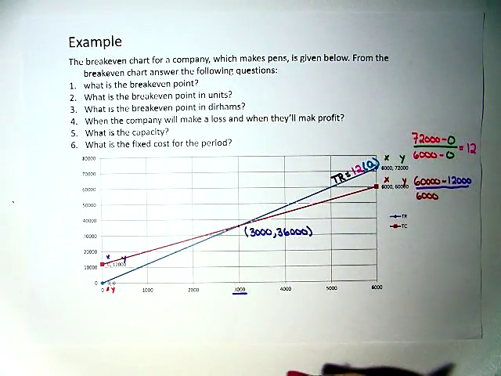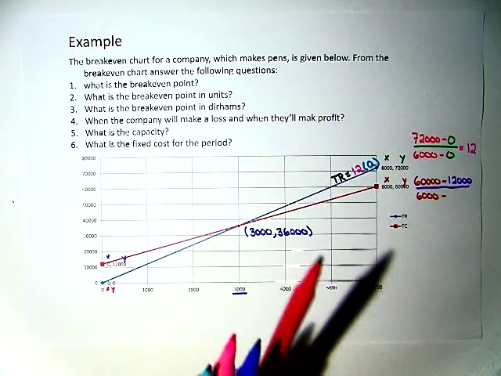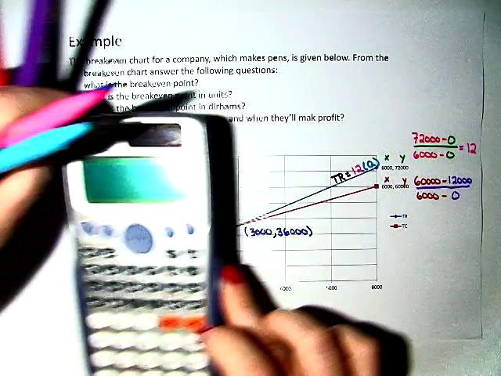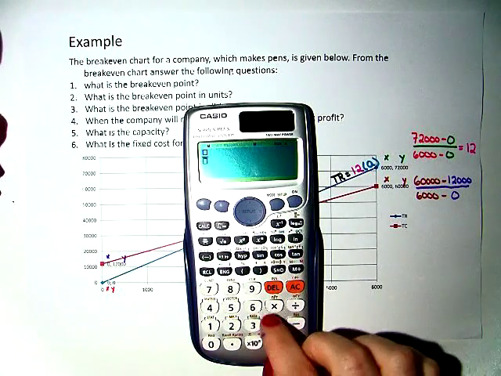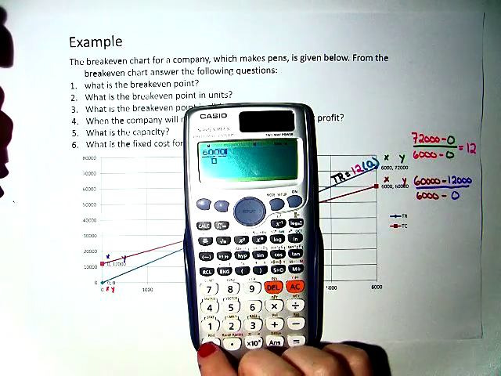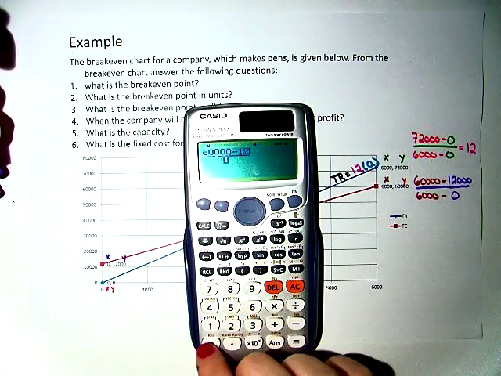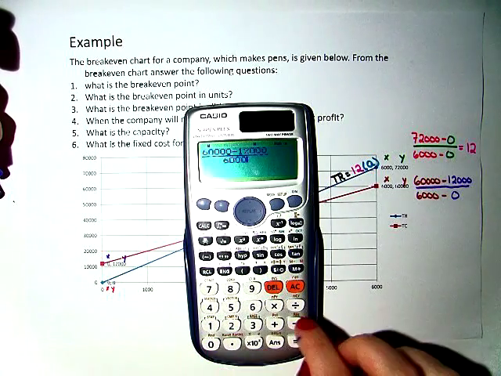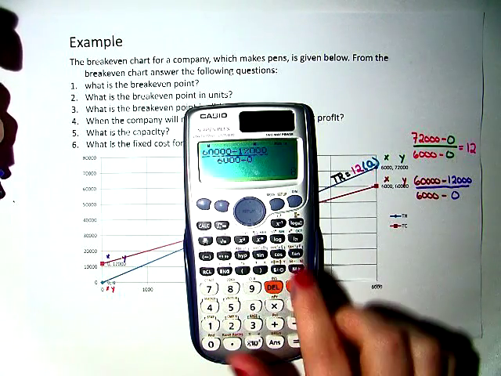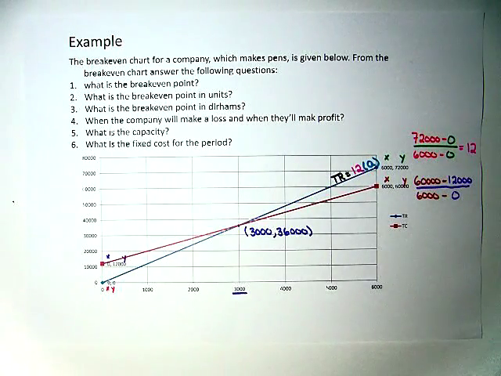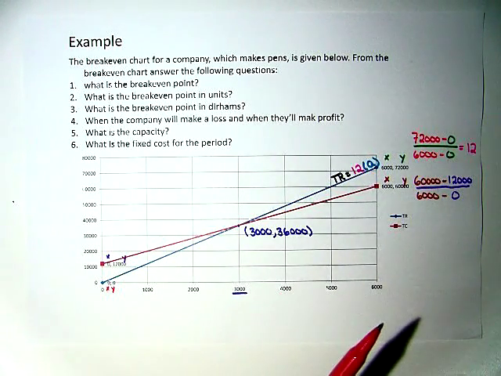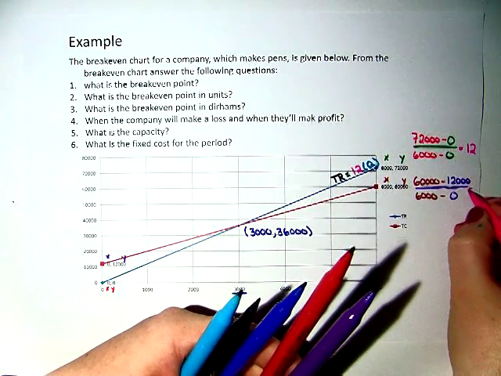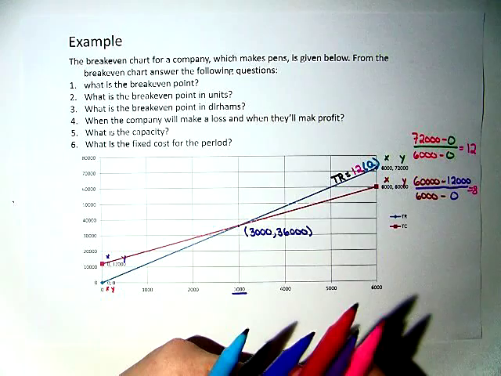Now we've got to be careful not to mess that up, minus 0. Okay, so we get our calculator over here, and we do 60,000 minus 12,000 divided by 6,000 minus 0. And we get that the variable cost is 8. So right here, the unit variable cost is 8.